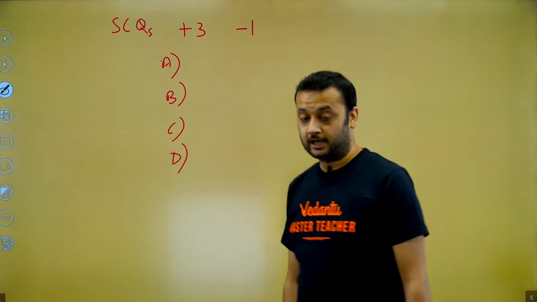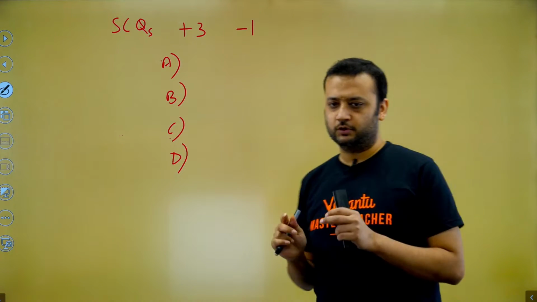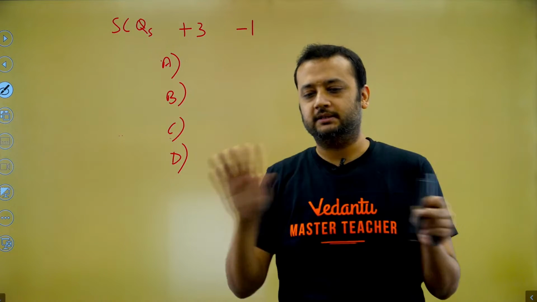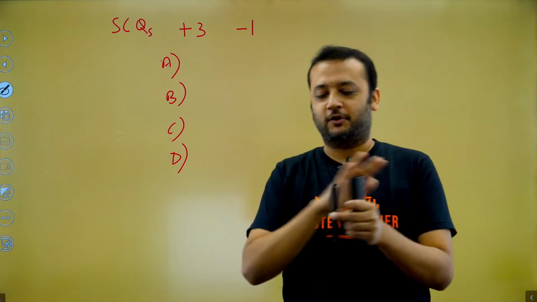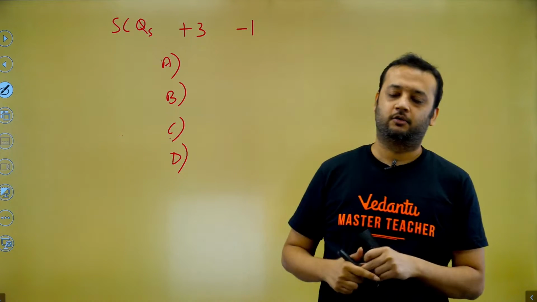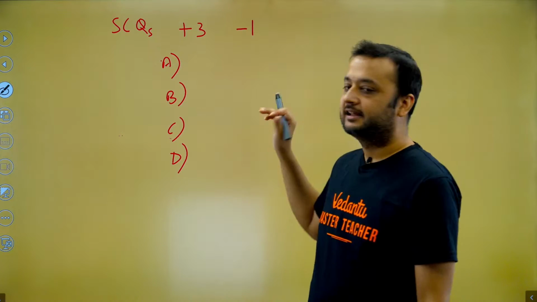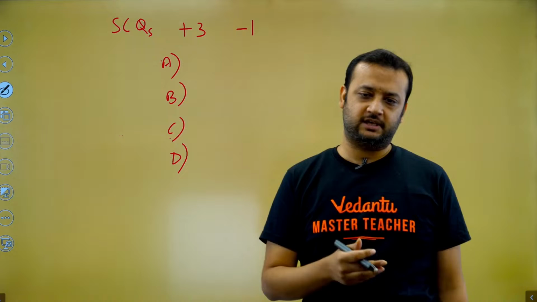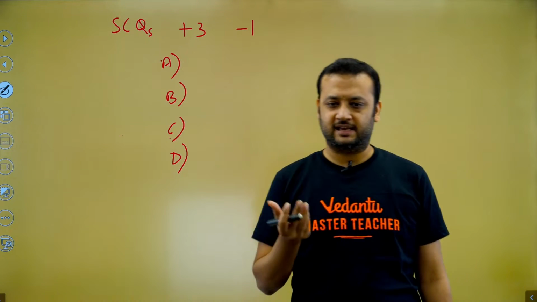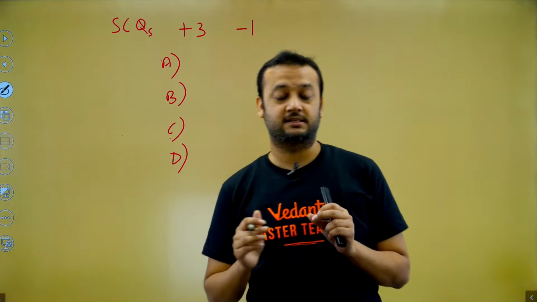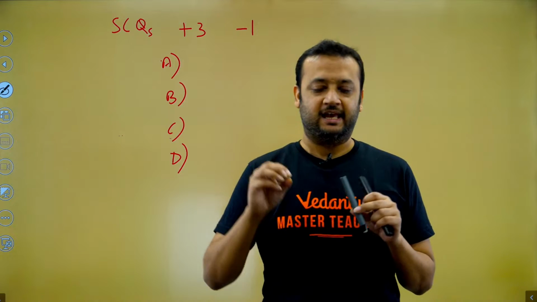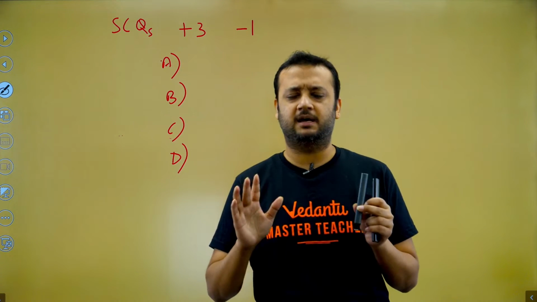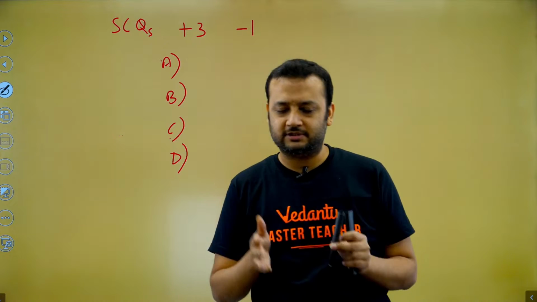Now, if you are making a random guess, let's talk about the random guess. You don't know anything, you have not studied anything for 2 years, and you just take a wild guess out of these 4 options. Let us say you do this in 12 questions. What does probability say? The chances are that out of 12 questions, 3 questions you are going to get right, 25% correct chances. I'm not saying that you would be lucky, and I'm not saying you would be unlucky.